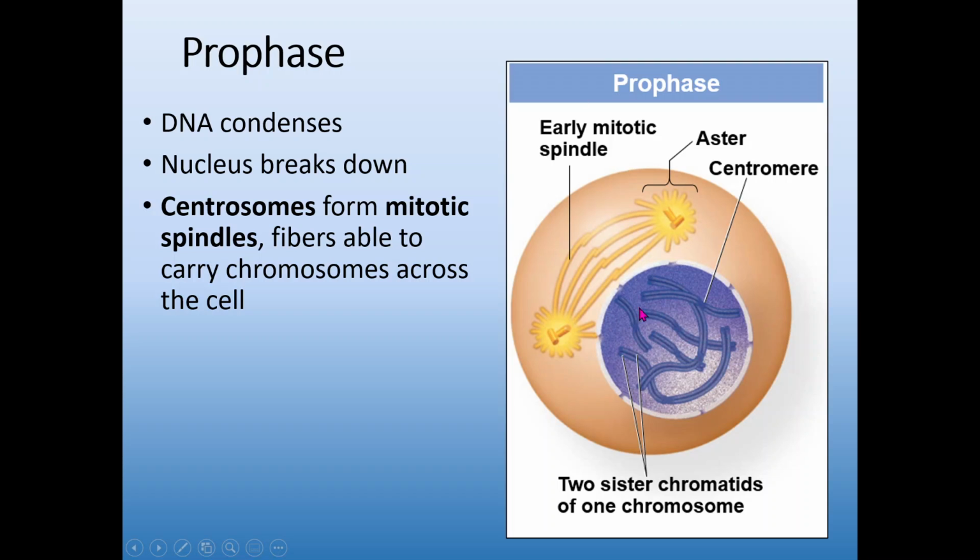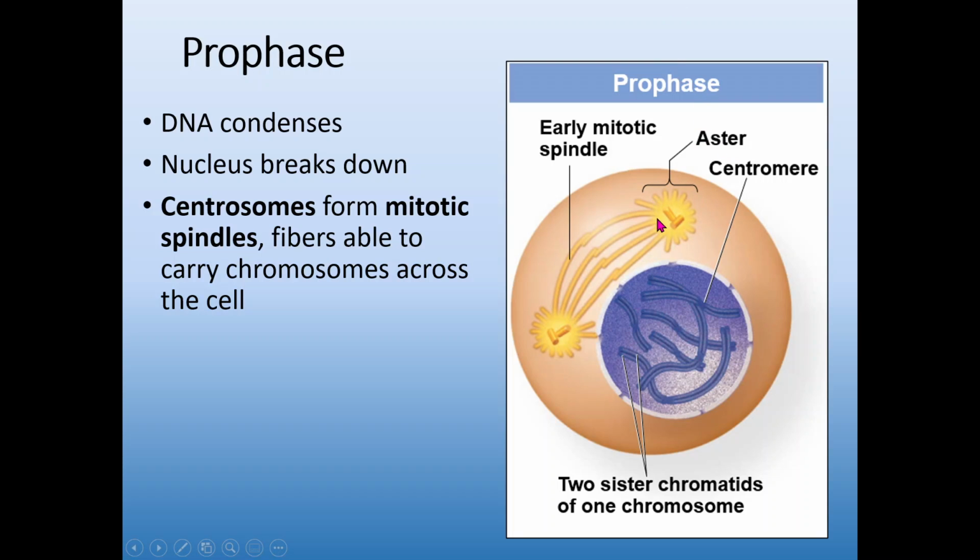Once they have all contracted, the nuclear envelope dissolves. So we're removing that barrier that normally keeps the chromosomes, all of that DNA, safe from external material. We also form these structures we call centrosomes.